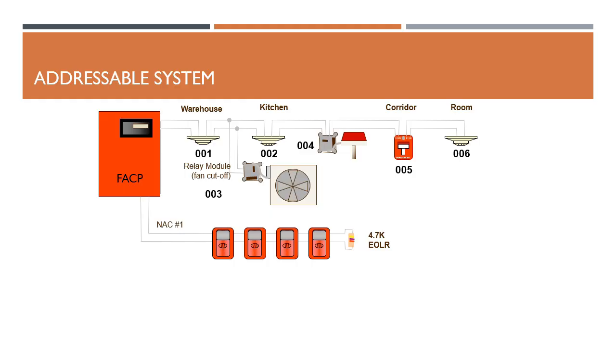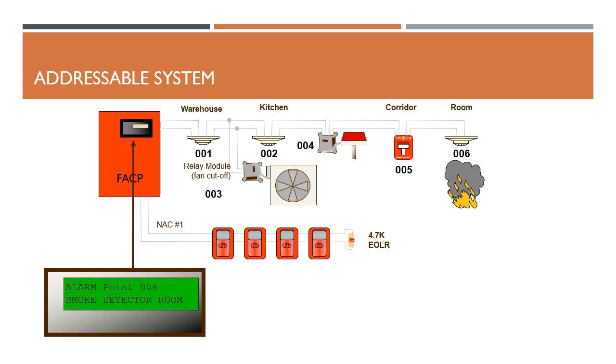Now, let's imagine that there is a fire in the room where we have the detector with code 6. Automatically, our panel turns on and displays a signal indicating that there is an alarm for point number 6, which is smoke detector number 6 in the room. At this same time, the horns with strobes are activated to warn the personnel.